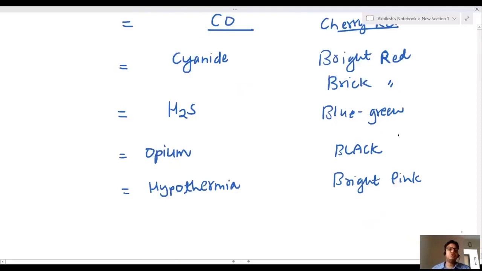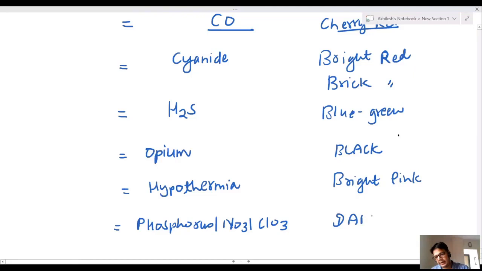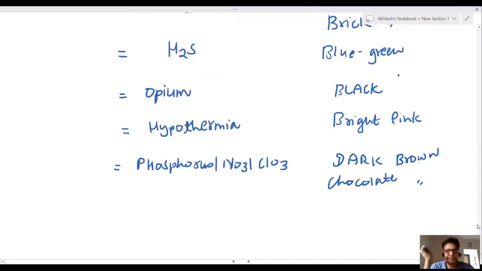So sir, at least revise this: carbon monoxide cherry red, cyanide bright red, hydrogen sulfide bluish green, opium black color, hypothermia death bright pink color. Phosphorus, nitrates and chlorates give dark brown or chocolate brown color.